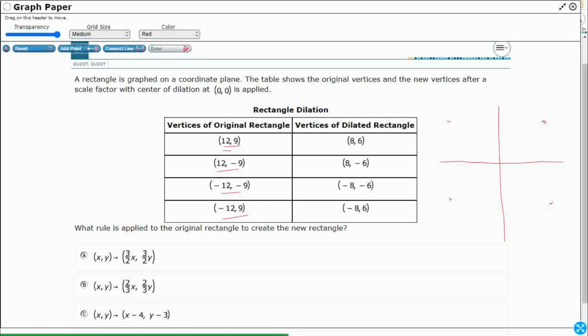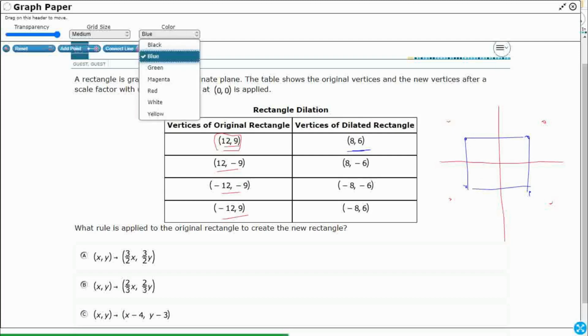Instead of 12, 9, it's going to be 8, 6, right? So that's going to be a little bit in, and then 8, negative 6, right? So it's going to be a little bit in and a little bit in. All right, so that's my new rectangle, and it's dilated and it's shrunk in size, whereas the original here is much larger.